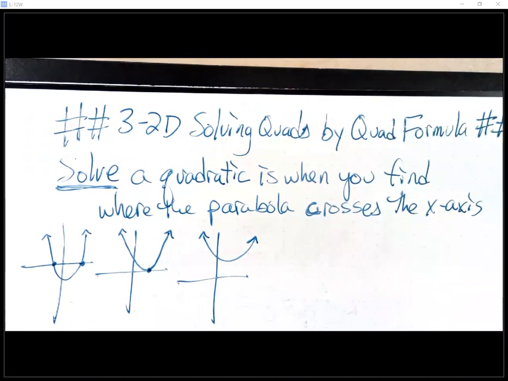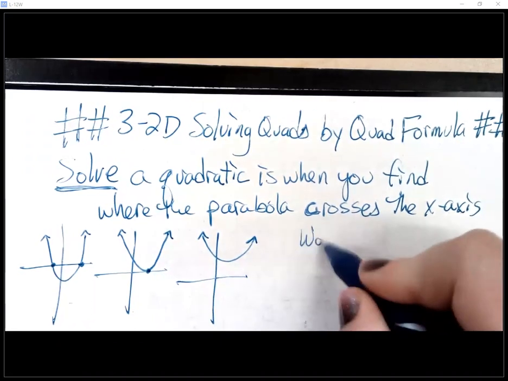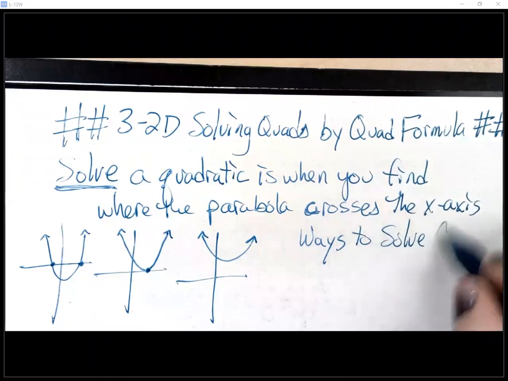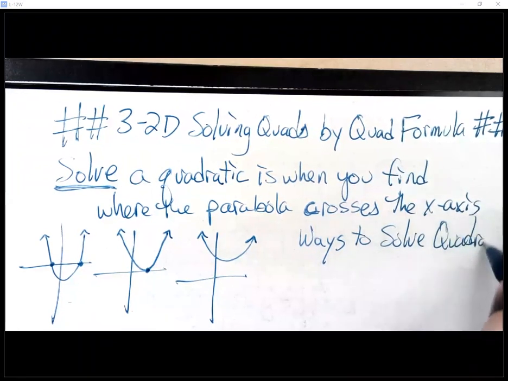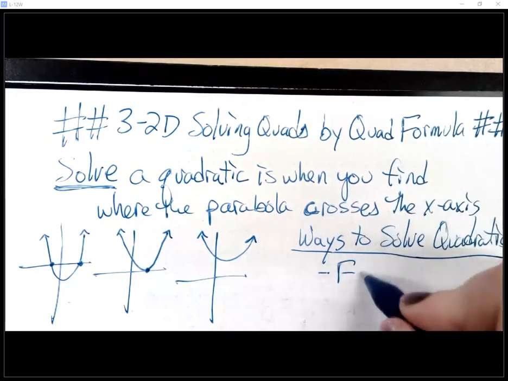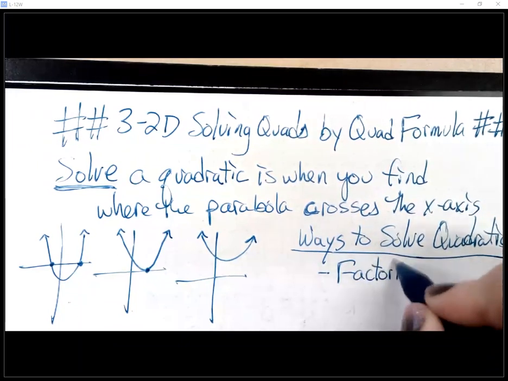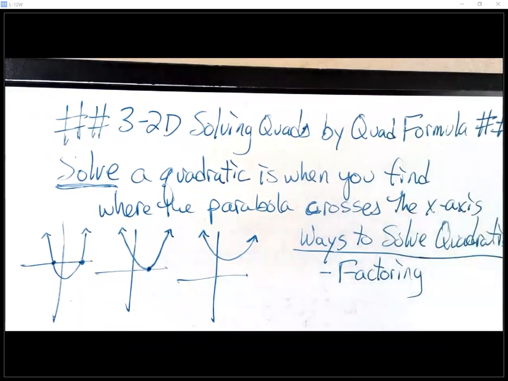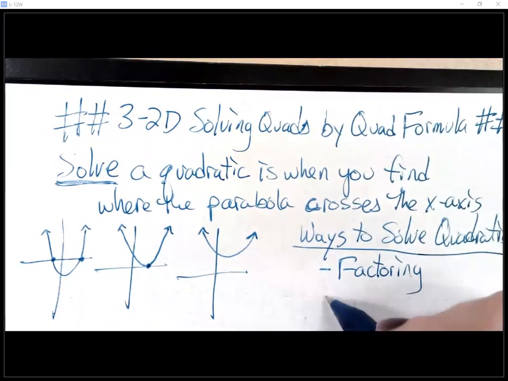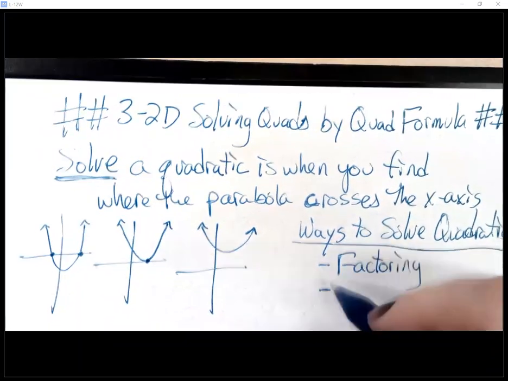You already know how to solve quadratics. There's multiple different ways to do it. Ways to solve quadratics: you can solve by factoring. That's what you did on Monday. Factor, factor, factor. If the factor is equal to 0, there's your answers. You can also solve by square rooting.